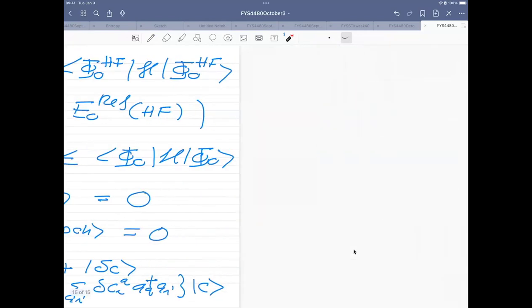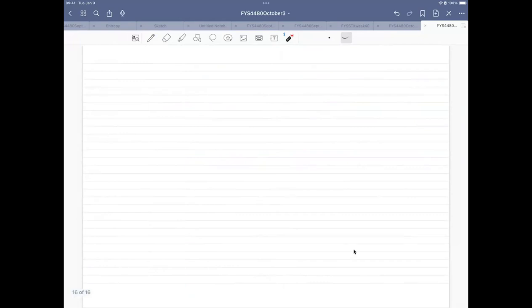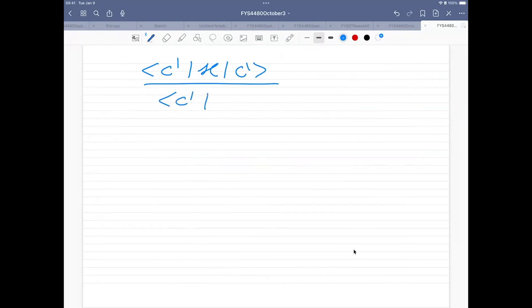So let's now look at the requirements, because this basis C prime is not normalized. When we now calculate the expectation value, this is the equation we want to use as a basis for looking at the stability of the Hartree-Fock equations.